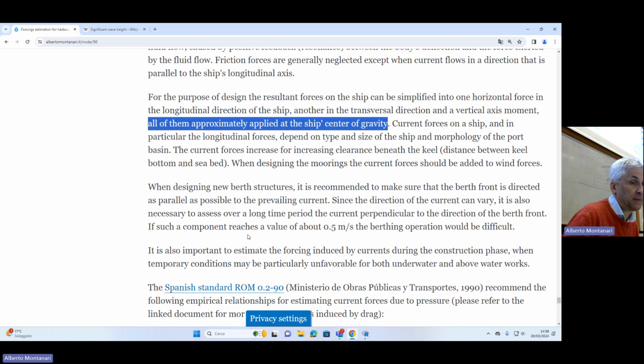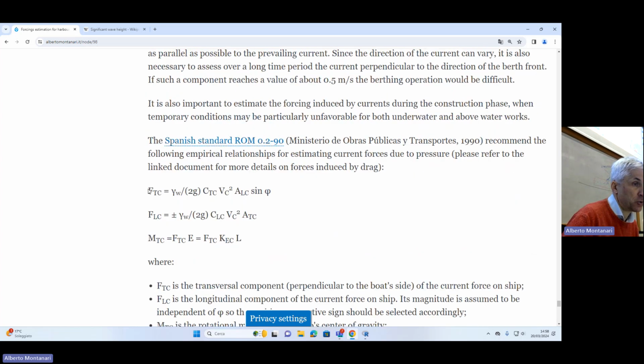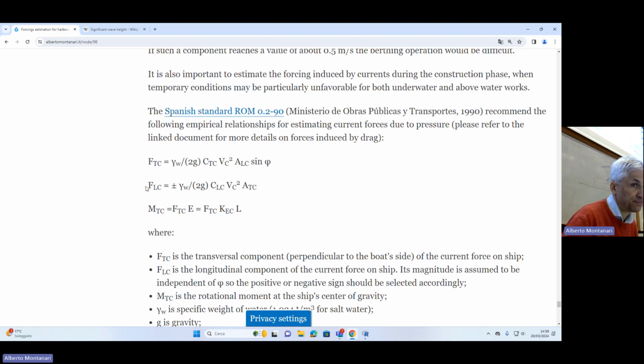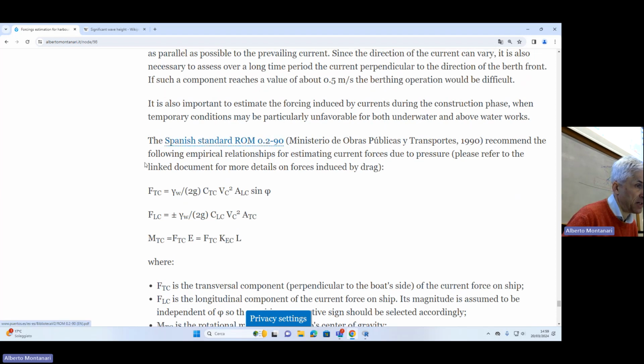So these are the three relationships. They are very similar to those that we have seen before, again taken from the Spanish standard, but this is only referred to pressure. These three relationships only give you the forcing given by pressure. I'm not including the forces caused by drag because the relationships are more complicated, and I don't think it is really useful that we add empirical relationships over empirical relationships.